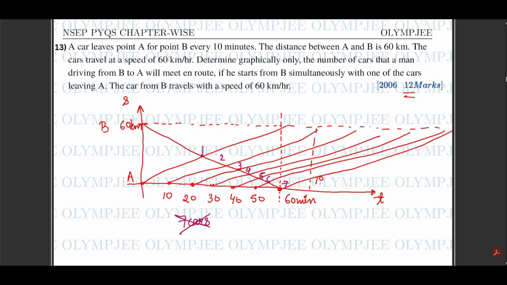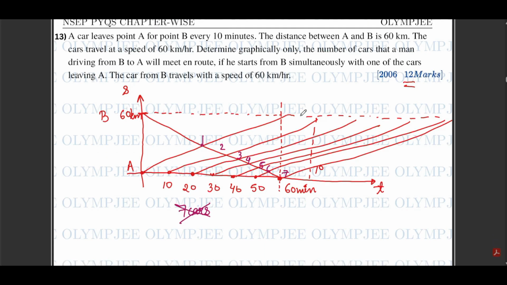which is wrong. Because if we read the question carefully, then the question states that the car from B is leaving simultaneously with one of the cars and not the first car.